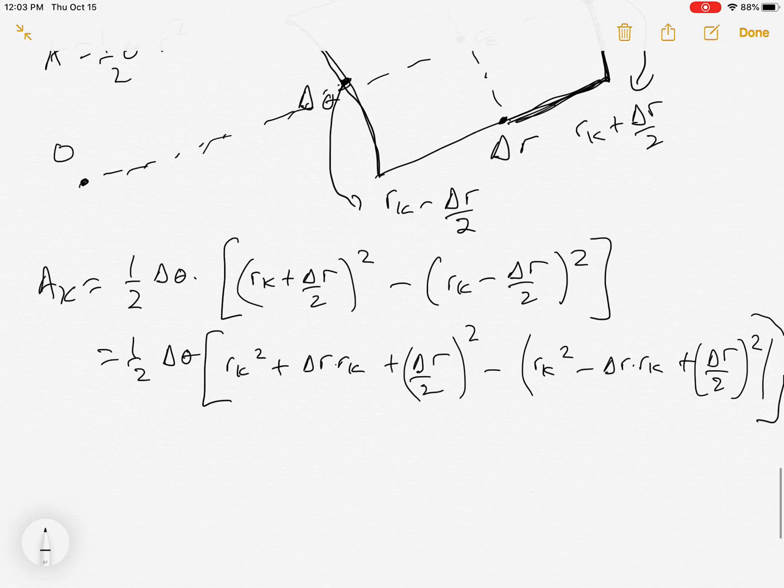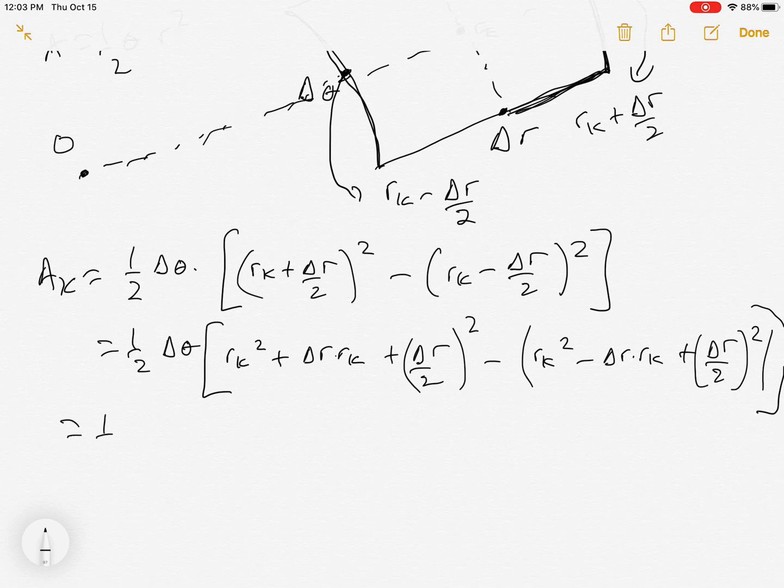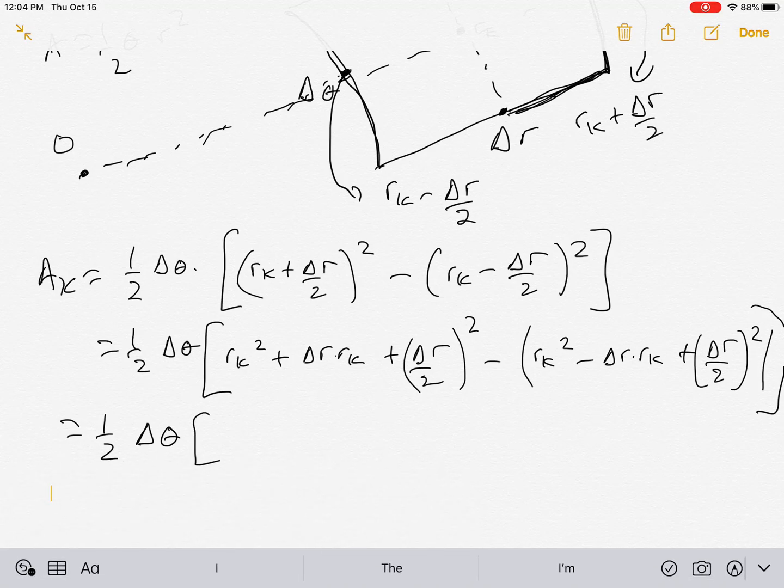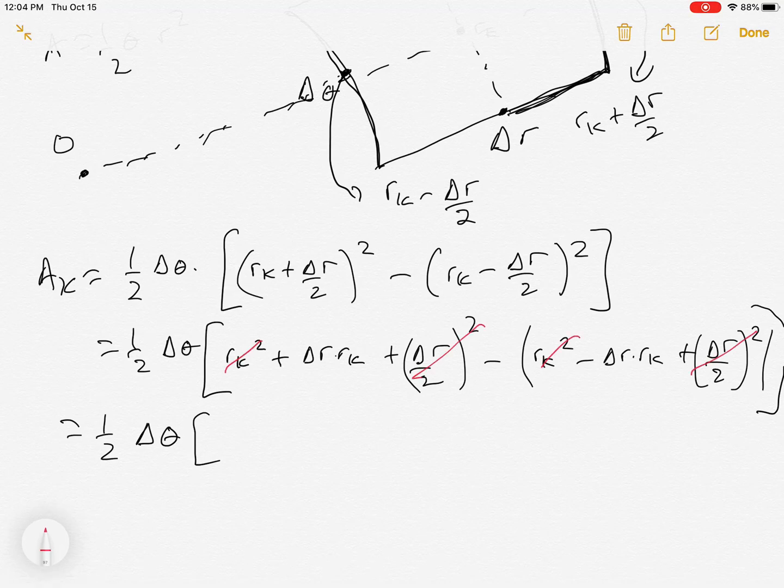And this becomes 1/2 delta theta times, and this is nice, those cancel, those cancel, and we get 2 delta r r sub k. This cleans up nicely.